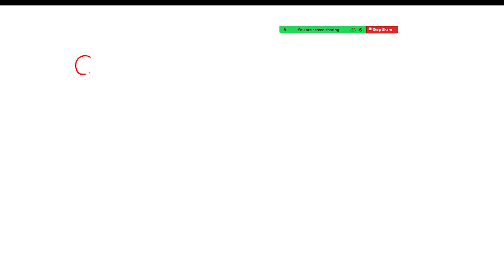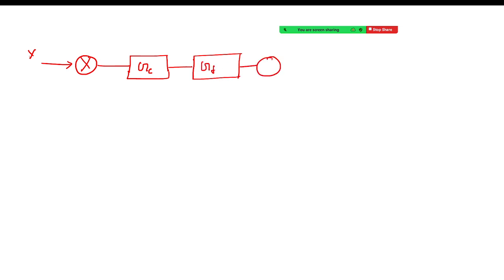So in the previous lecture, I was talking about this: if this is the input, let's say the input is X, this is the transfer function GC of the controller, and this is the transfer function of the final control element, and here there will be a load, that one is U. And let's say this one is your process, and this one is your output.